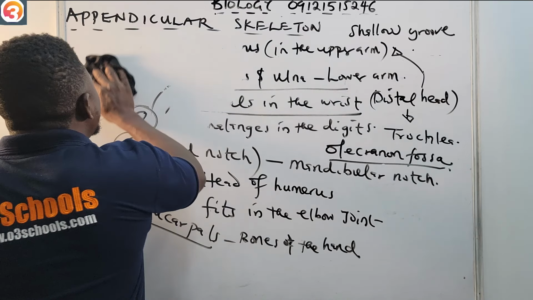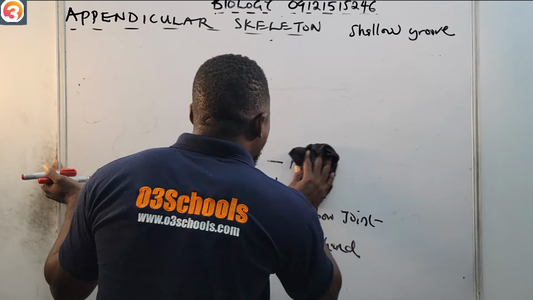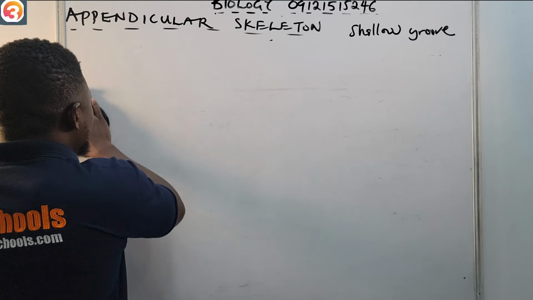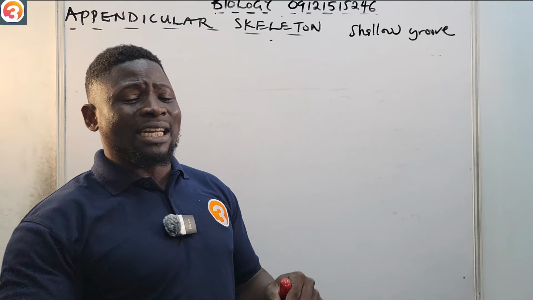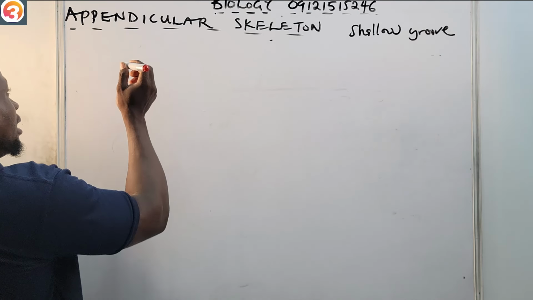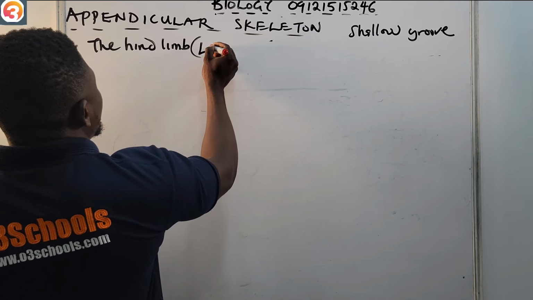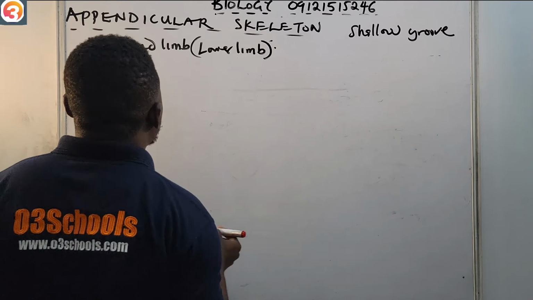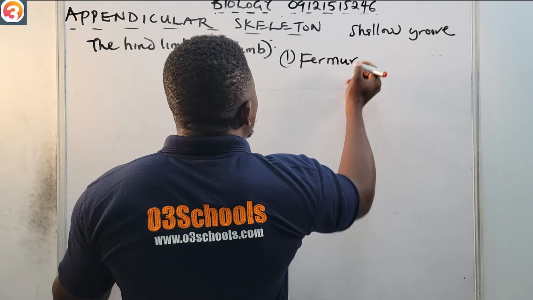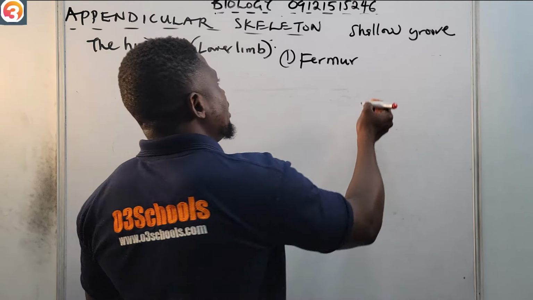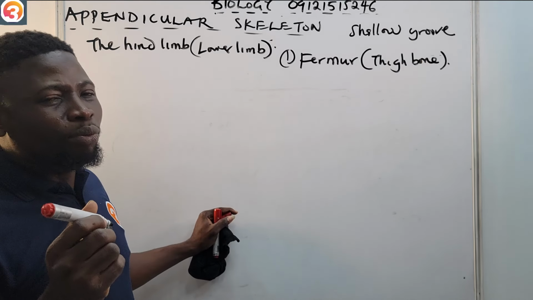The bones of the lower limb or hind limb include the femur, which is the longest, the largest, and the strongest bone in the human body, also called the thigh bone. They also have the tibia and the fibula in the leg.